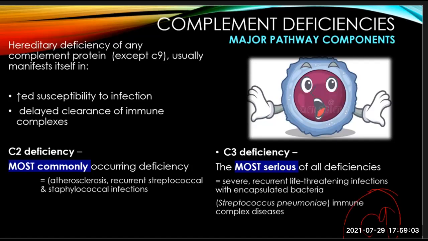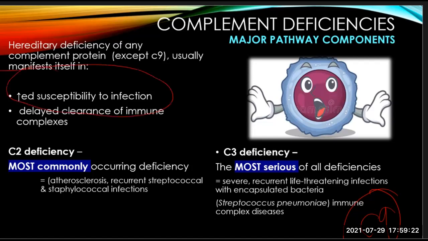There's no problem if there's a lot of C9 or no C9, because it's not associated with any disease process. And then again, hereditary deficiencies of any complement protein usually manifest as increased susceptibility to infection.